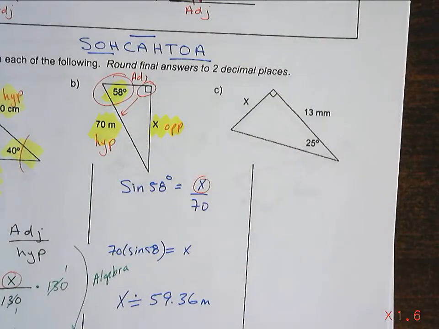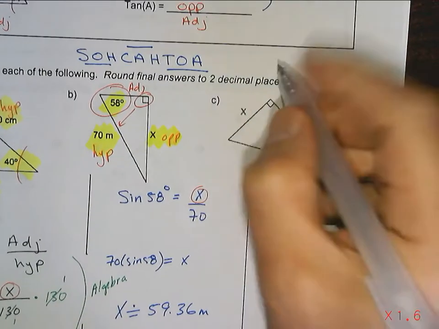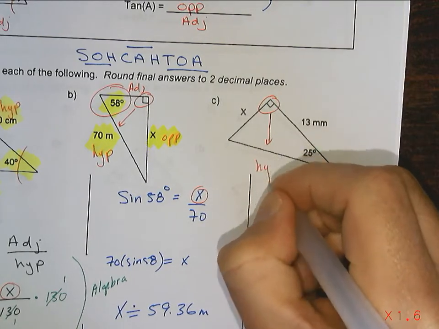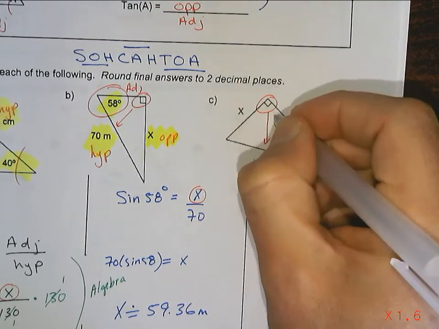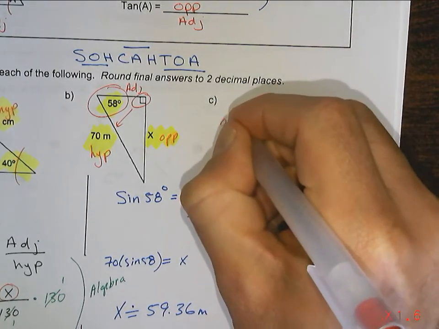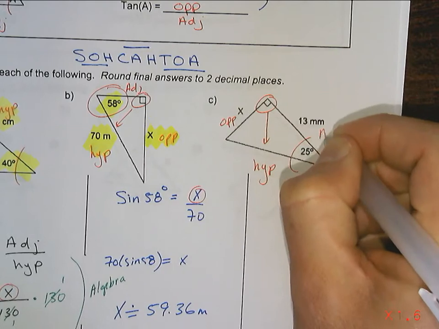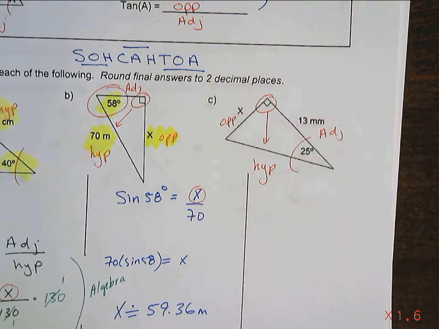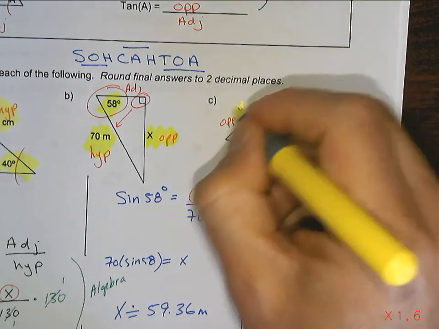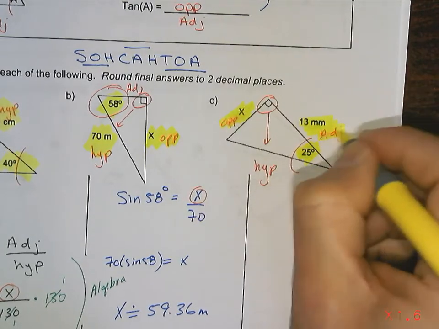Last one. Let's see what I got. 90. Height. The angle. Opposite. Adjacent. What am I given? Angle. Opposite. Adjacent.